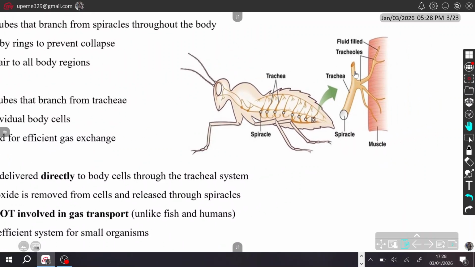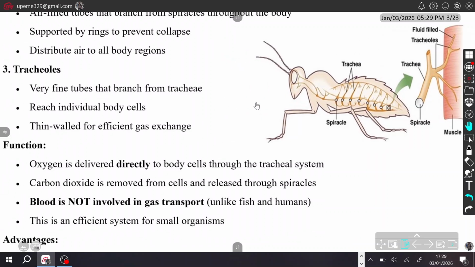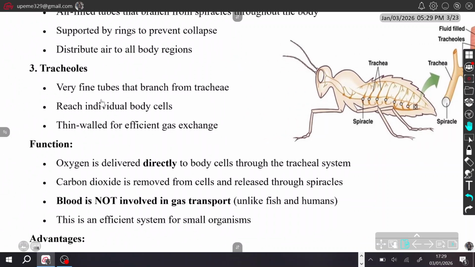Now there will be other smaller tubes that come out as though they are branches. Smaller ones after a big branch or tube, which is a trachea. These smaller tubes now are known as the tracheoles. So like this one, this one, this one, and this one, they are all tracheoles. All right. So very fine tubes that branch from the trachea.